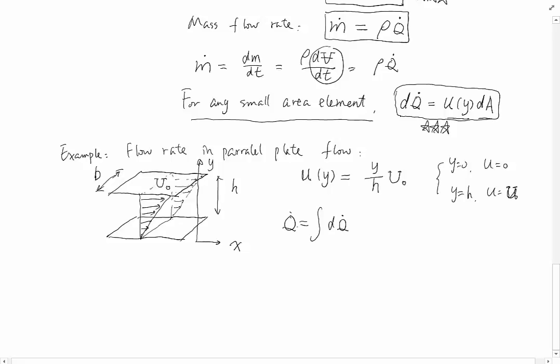So the total flow rate will be the integral of the flow rate, and then we use this equation, uy and dA. In this case, what is the dA? The dA is just a little stripe we have here.